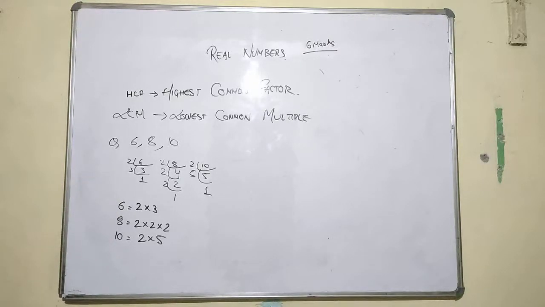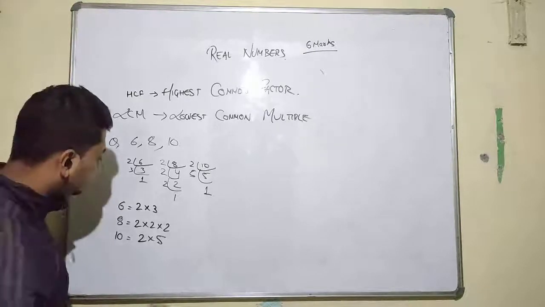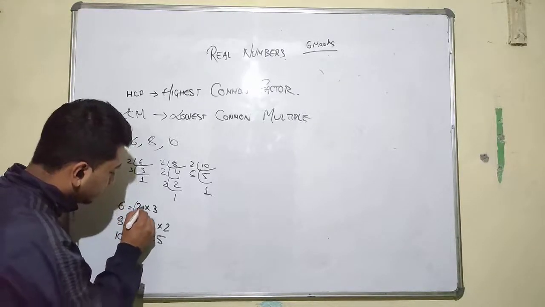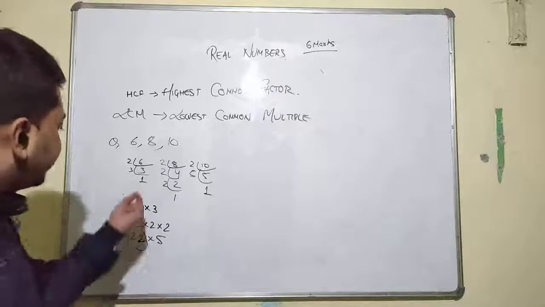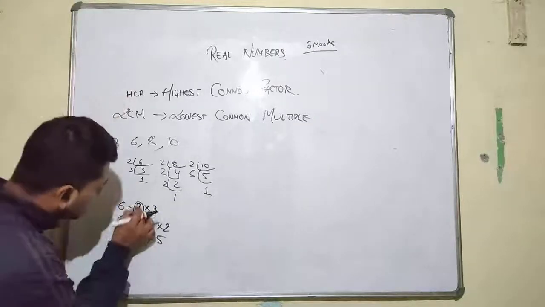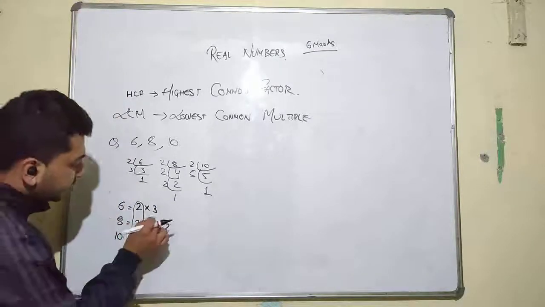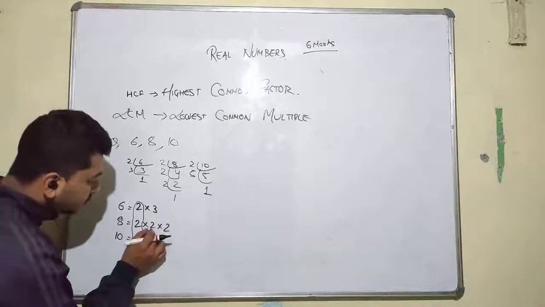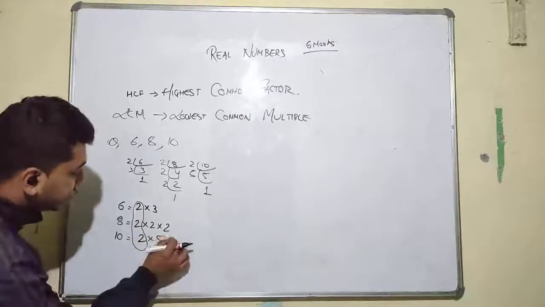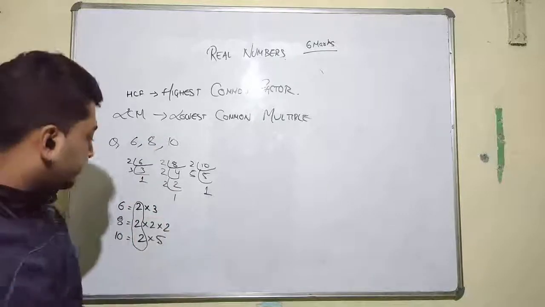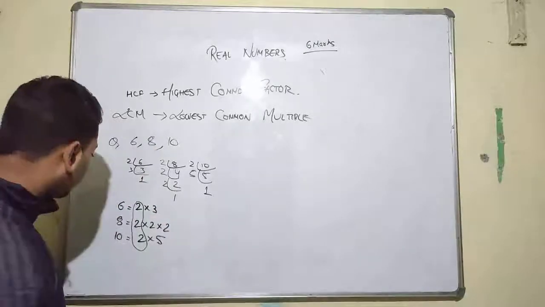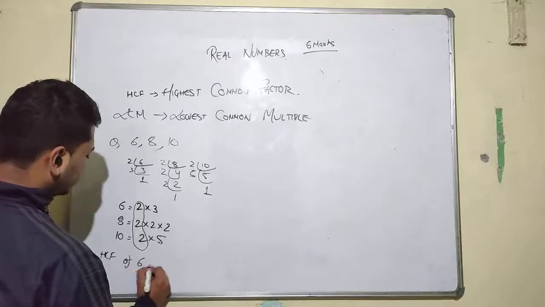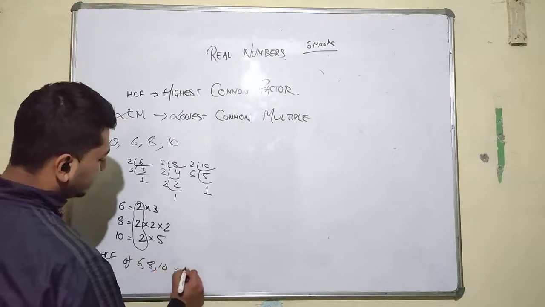Now just look for what is common in all 3 terms, right? 2 is common, but the 3 is not common, the other 2s are not common, and 5 is not common. So our HCF of 6, 8 and 10 is 2.